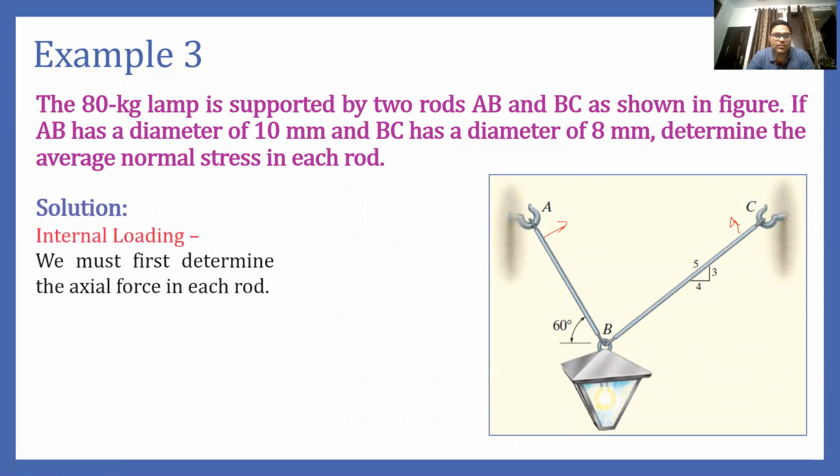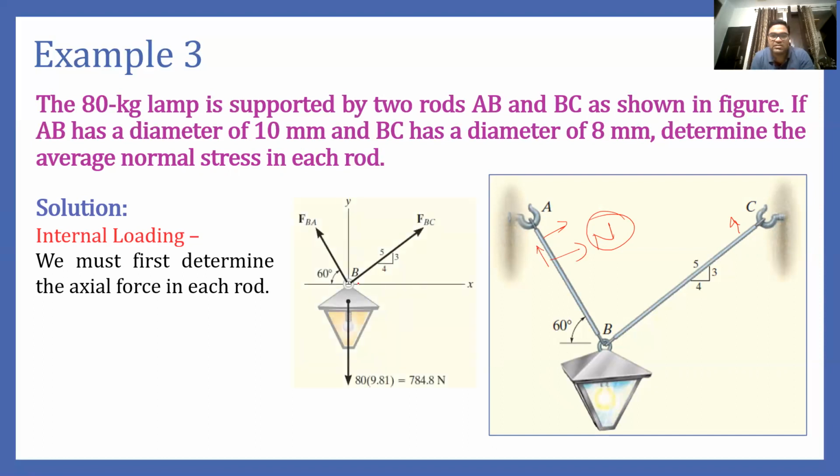First we need to find out the internal load. The internal load these bars will be experiencing will be the normal load, which means the load will be along the cross sectional area of these bars. So this is the free body diagram of this bar system.